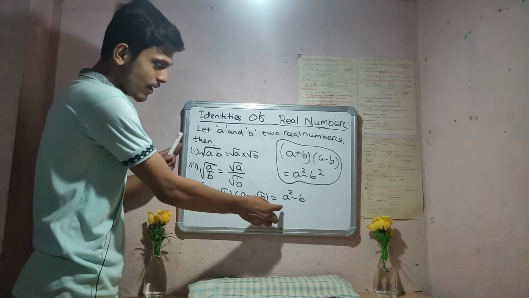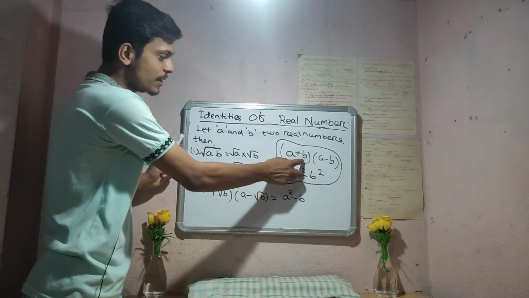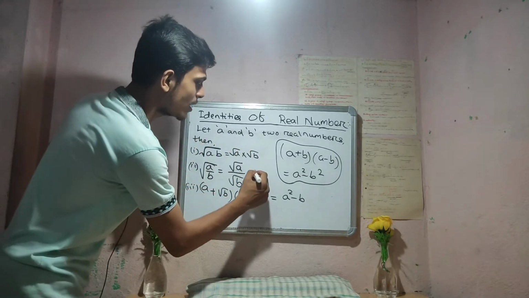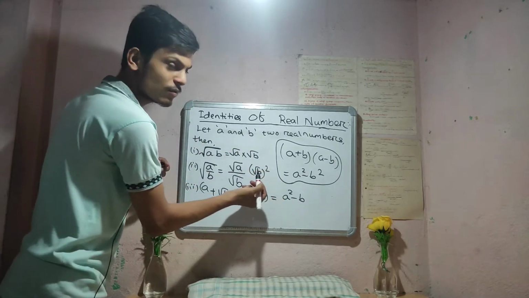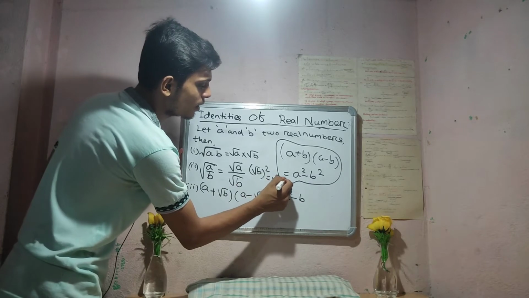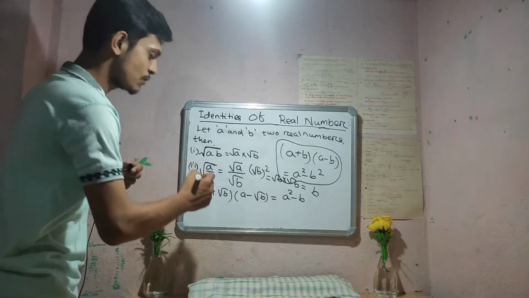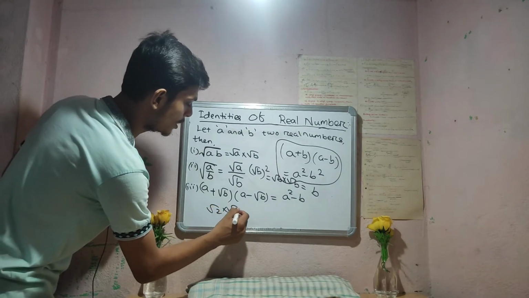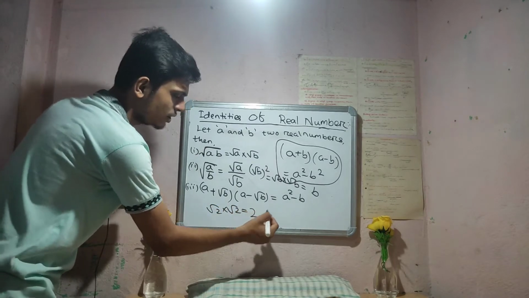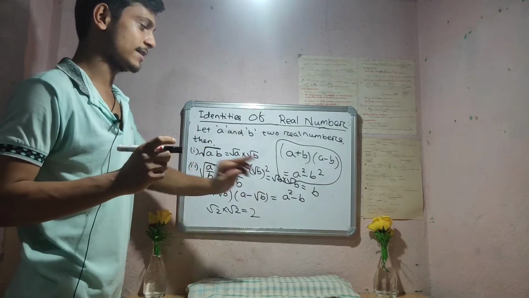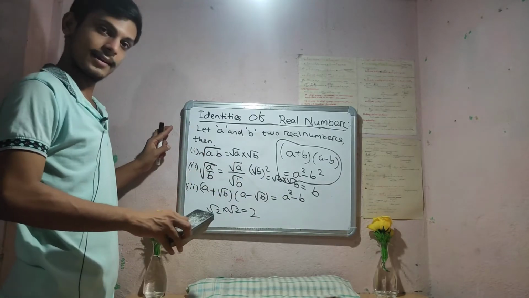So a square, a is here, but in place of b, the number is the square root of b. The square of the square root of b is the square root of b multiplied with the square root of b, which gives b. The square root of 2 and the square root of 2 multiplied give 2. So that is a square minus b, and this is an identity. Clear?